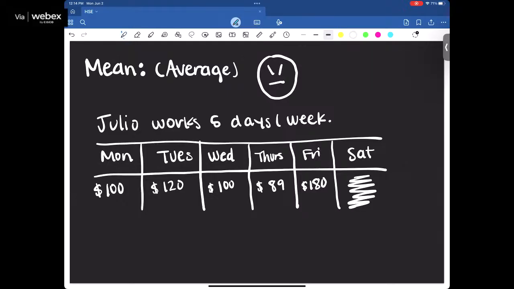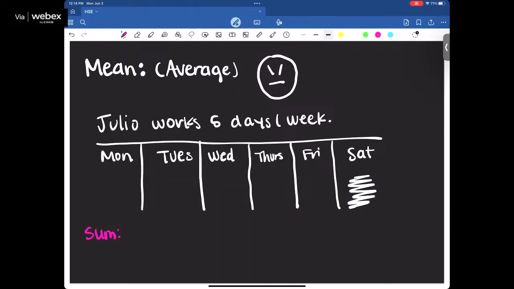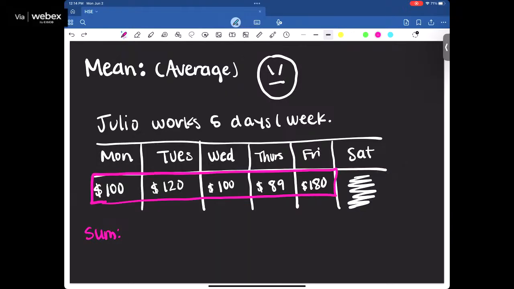The first step to finding the mean is to find the sum of all the numbers in the data set. Sum is a keyword for addition, which is to add. So we're going to add all of these together.